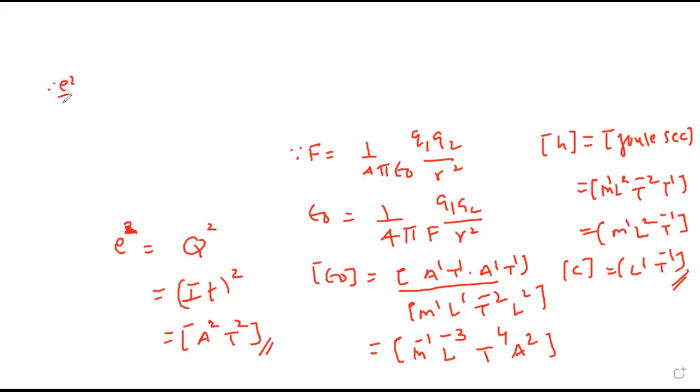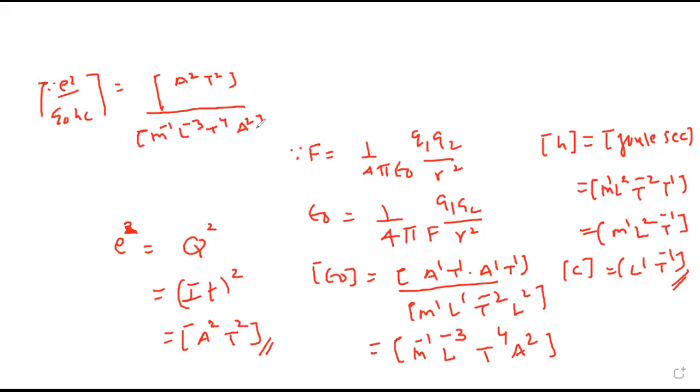Therefore e square upon epsilon naught HC will have dimension equal to A square T square upon M minus 1 L minus 3 T4 A2, and H is M1 L2 T minus 1, C is L1 T minus 1.